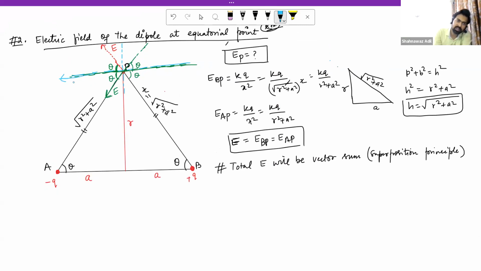This is making an angle theta with the horizontal. So what would be this component due to this E? We have just discussed resolution. Whatever the angle theta is making, this would be E cos theta.